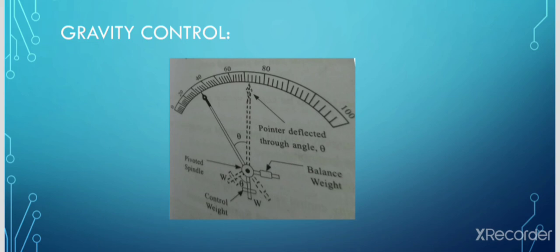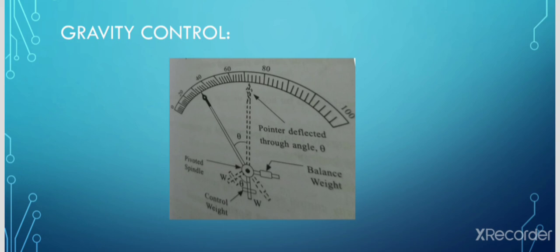In this method, a small adjustable weight W is attached to the moving system, which produces the necessary control torque. Under the deflecting torque, the pointer moves from its 0 position, and the control weight moves in the opposite direction due to gravity.